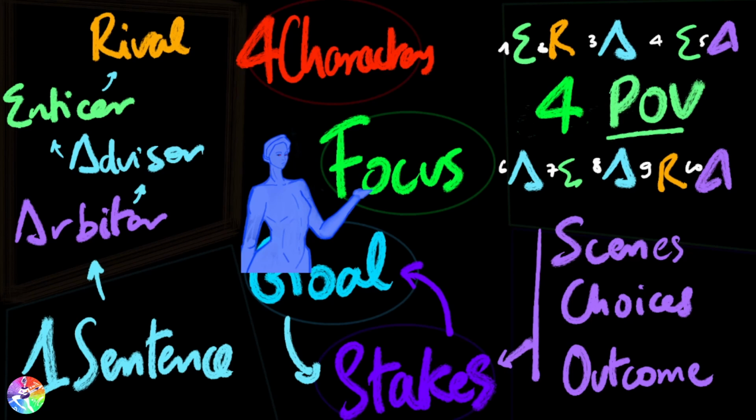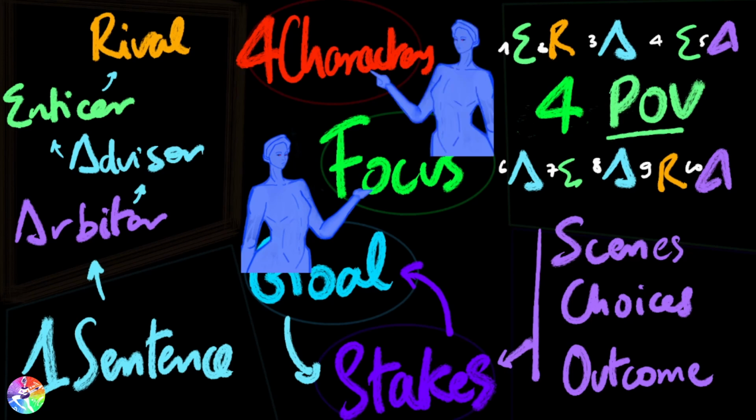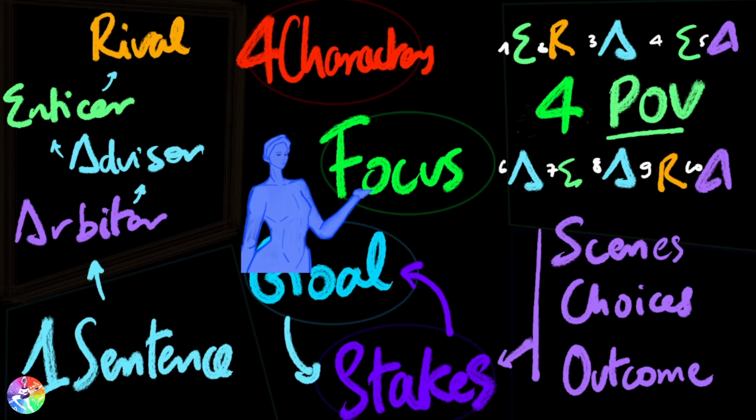So if you have these 4 points of view and you want to focus on one character more than the others, because this sequence is quite balanced. I try to balance here the 4 types of point of view. But you may want to focus the action on the enticer type of character, for example.